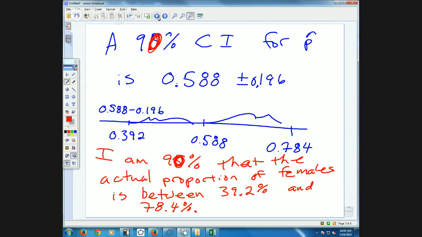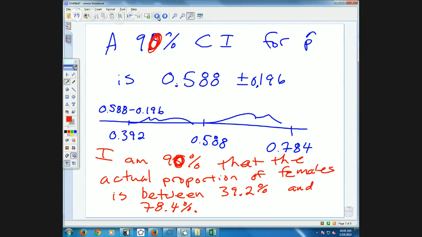The more confident you want to be, you have to widen what you'll accept for the population proportion. If you want a narrower interval to contain that number, then you're just going to have to accept being less confident. So we'd have to jump down to 80% or 70% if we wanted a smaller interval, which means we have a higher chance of creating intervals that miss the actual number. And the problem is we usually don't know the actual number, so that's one reason repeated small samples are popular.